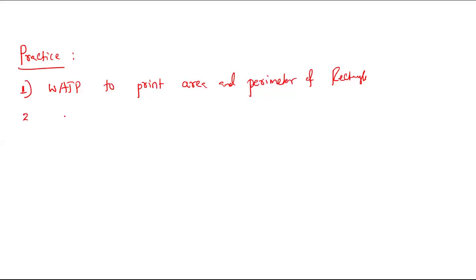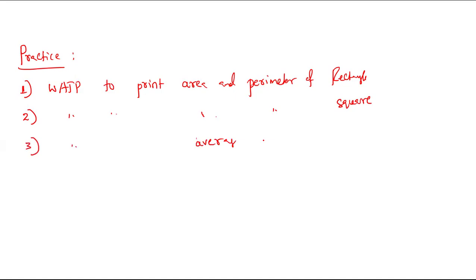Second thing, I already executed this one, area and perimeter of a square. So put both methods in one single class and call them. Try to do that. Then third one, we discussed to print the average of three numbers, which we already discussed just now.